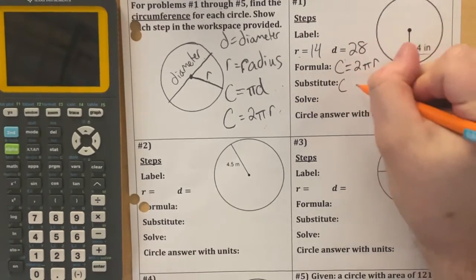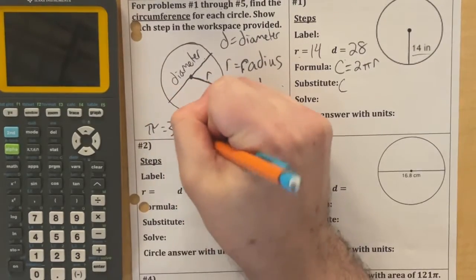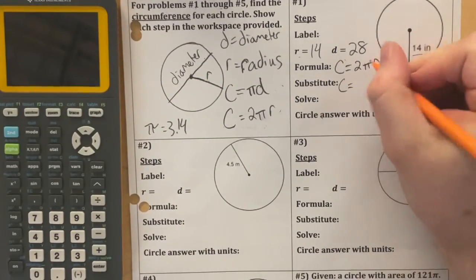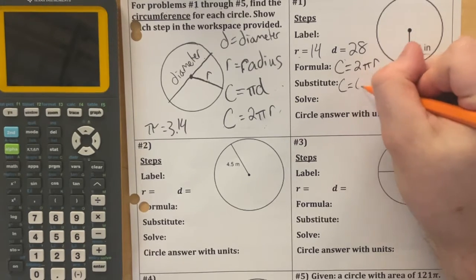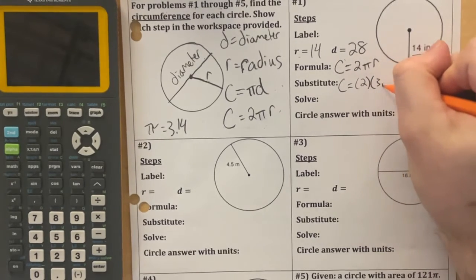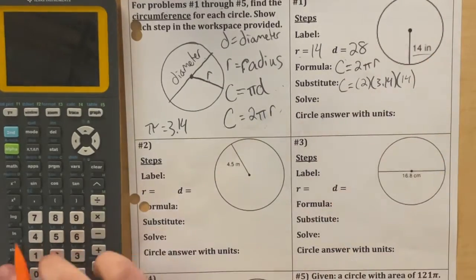I substitute in my values. Make sure you say pi is going to be 3.14. Keep it simple for yourself. Use parentheses to show multiplication. I have 3.14, and our radius is 14. Make sure you multiply it out.